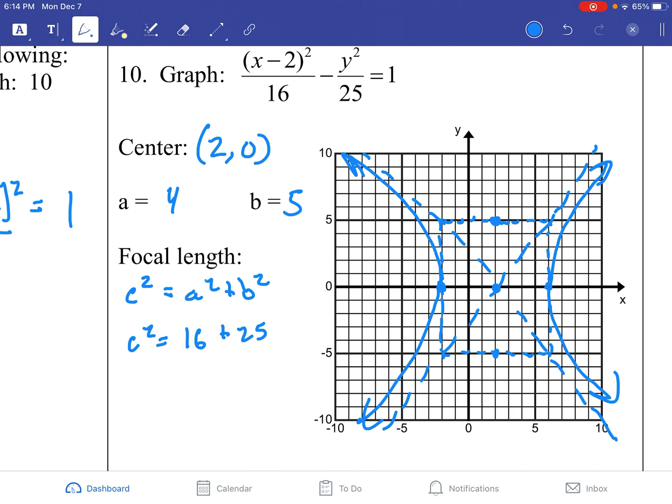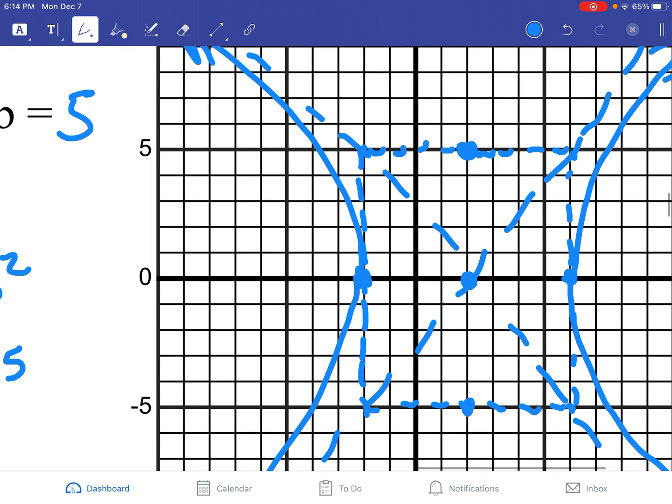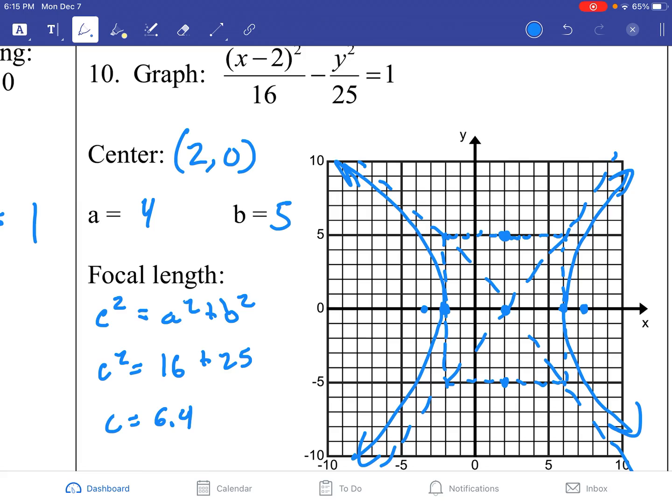So 16 plus 25 gives us 41. The square root of 41 is 6.4. So you go from our center point out 6.4, which puts it about here, and 6.4 about there. Those are your focal points for your graph.